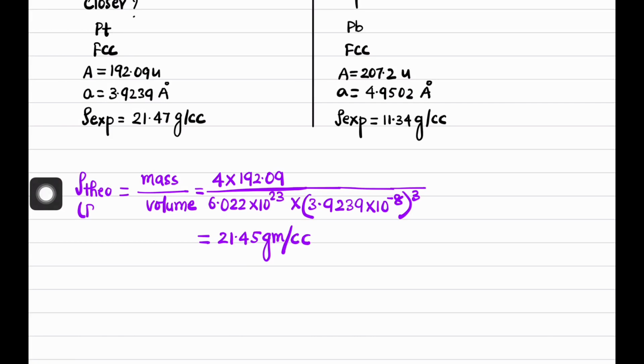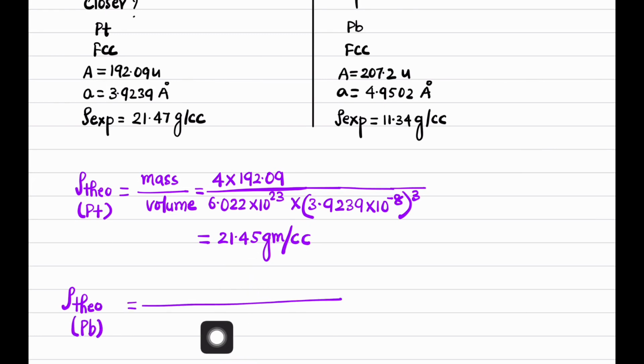This is for platinum because I have taken the atomic mass of platinum and the edge length of the platinum unit cell. Now we'll go for the lead. For the theoretical density of lead, we do the same, that is mass per unit volume.